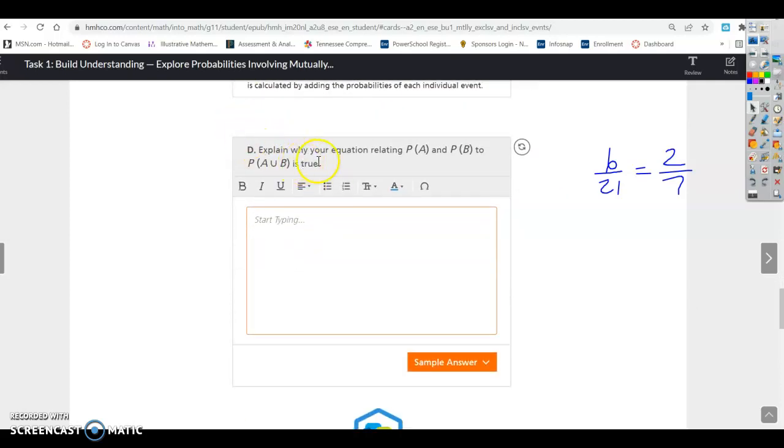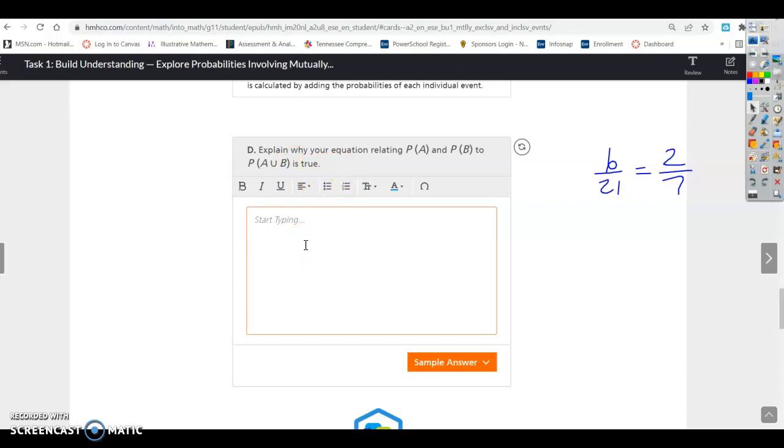Explain why your equation relating the probability of A and the probability of B to this is true. That's what I just explained. Since you have two events that you're adding together, a union means you're combining items from both events, so you just combine those.